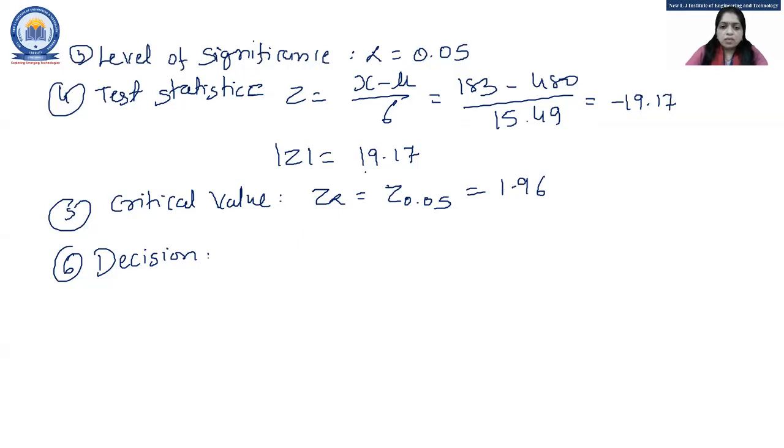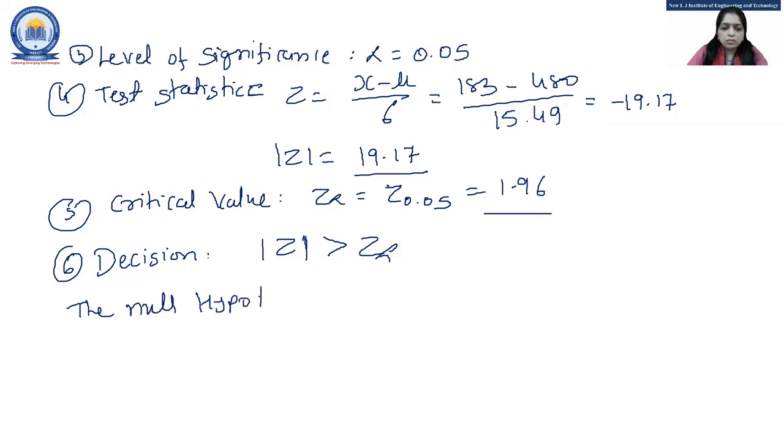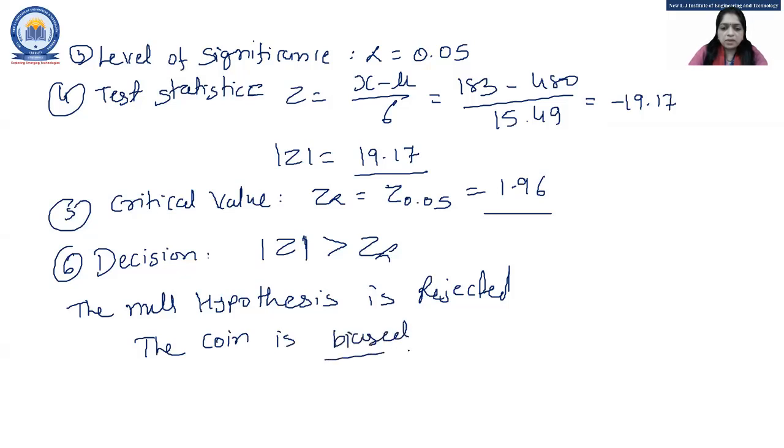Here, mod Z is greater than Z alpha. As mod Z is greater than Z alpha, the null hypothesis is rejected. As the null hypothesis is rejected, the alternative hypothesis is accepted. So the coin is biased. That is our final conclusion.